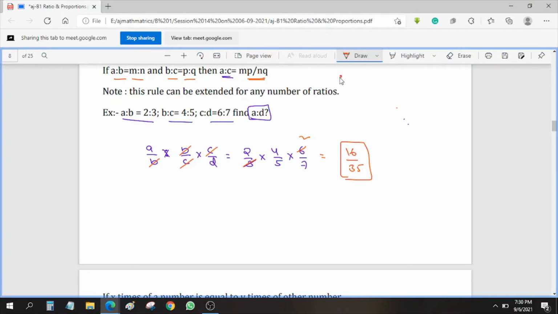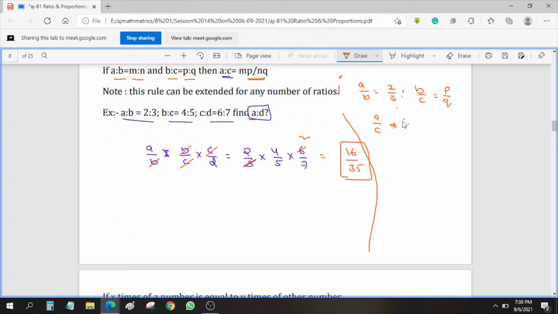Now we will try to solve this one with the formula. a by b is given as 2 by 3 and b by c is given as p by q. First we are finding a is to c. Be clear guys, first I am finding a is to c. What is the a is to c value? mp by nq.